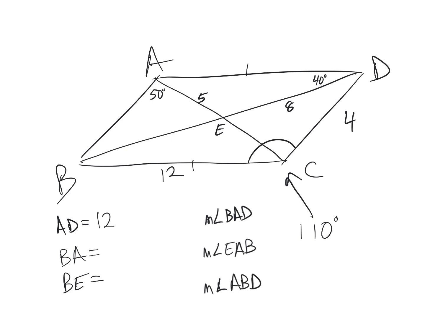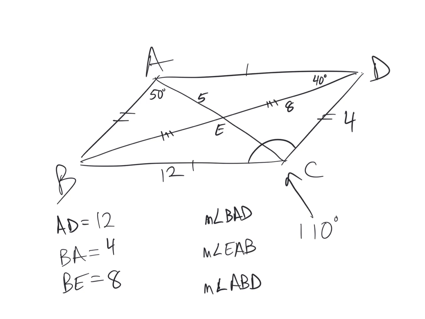All right, so 6 things there. Okay, so BA is 4 because opposite sides are the same. And BE is 8 because in a parallelogram, diagonals bisect each other.